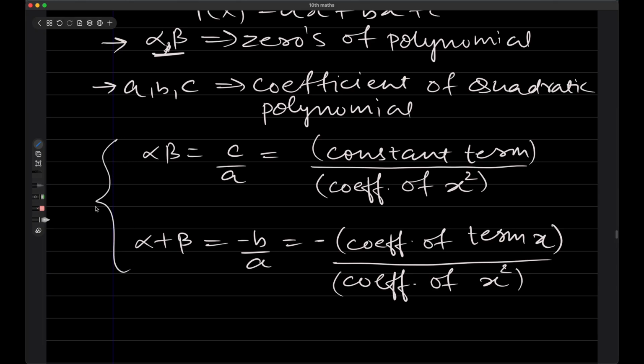So these two are the important formulas of the relationship between zeros and coefficients of the polynomial. Now let us check the theory.